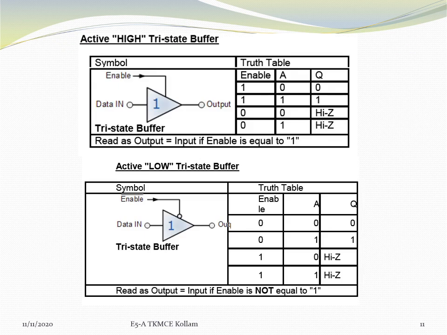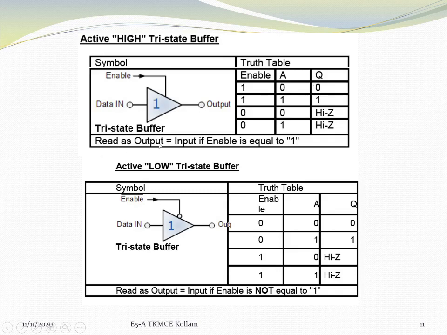This is the symbolic representation of active high tri-state buffer. In addition to the input pin and output pin, there is another pin known as enable pin. As this is the active high tri-state buffer, whenever this enable pin is active high, then only data transfer will take place. When enable pin is high, whatever be the input, that is available as the output.